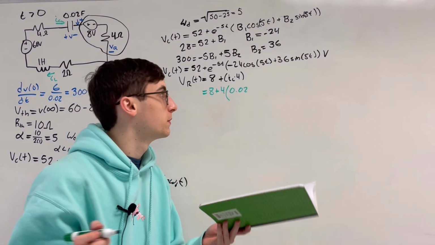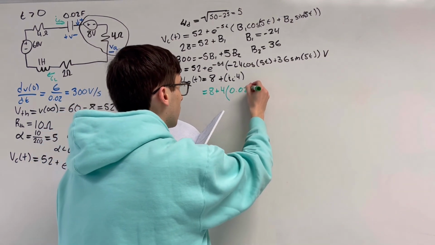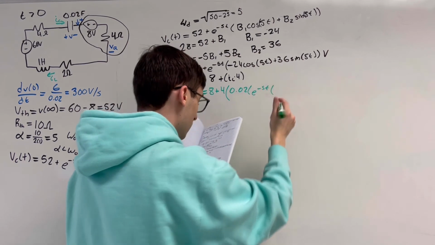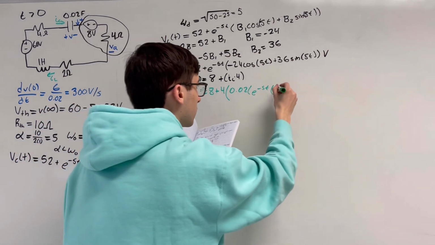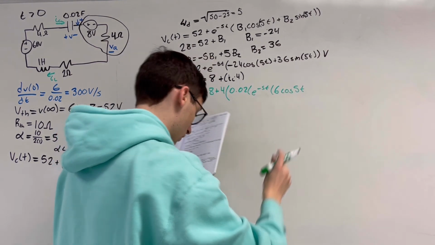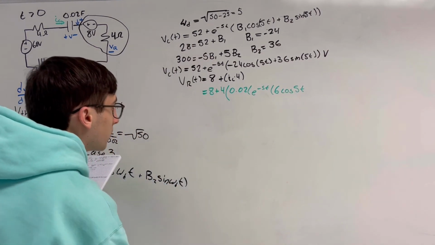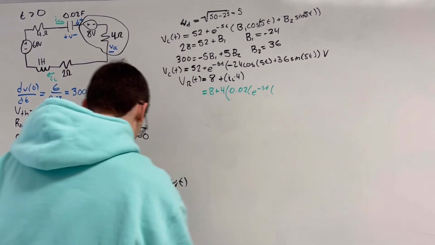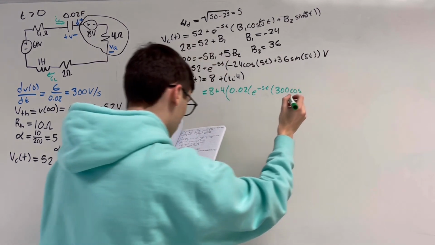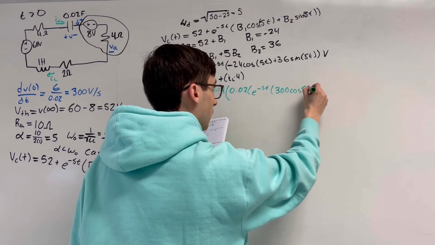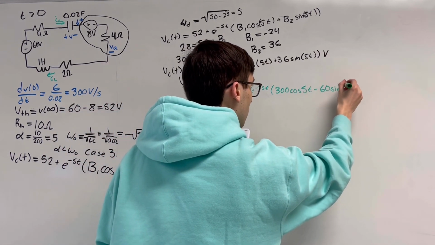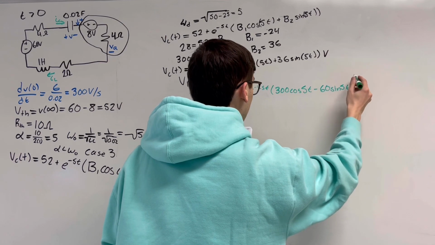All right, so the derivative turns out to be, it's going to be times e to the negative 5t times 6 cosine 5t. Oh, no. That's the next step. It's going to be 300 cosine 5t minus 60 sine 5t.